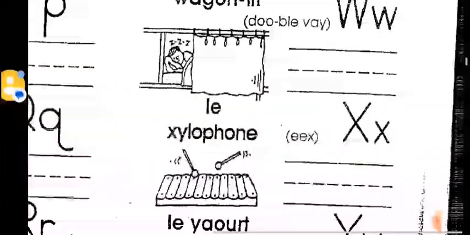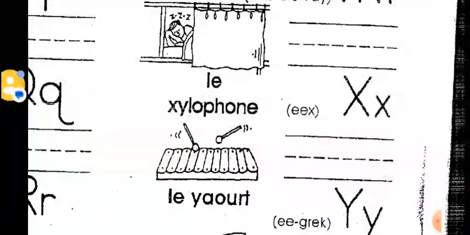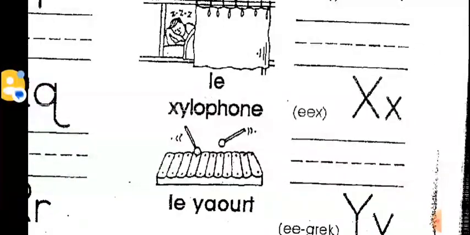Alright. And then next we have la lettre X for the word le xylophone. Le xylophone. And how is le xylophone spelled? A very easy word, just like in English. Le is spelled L-E.